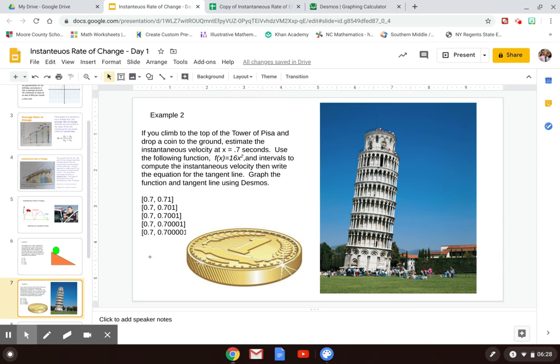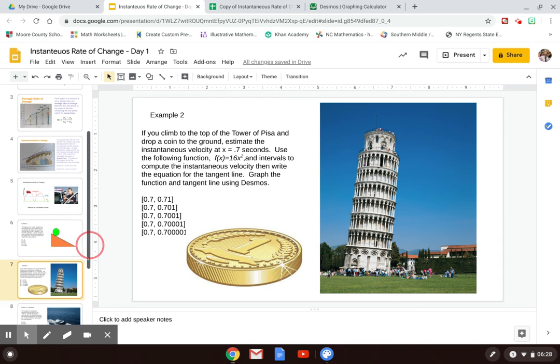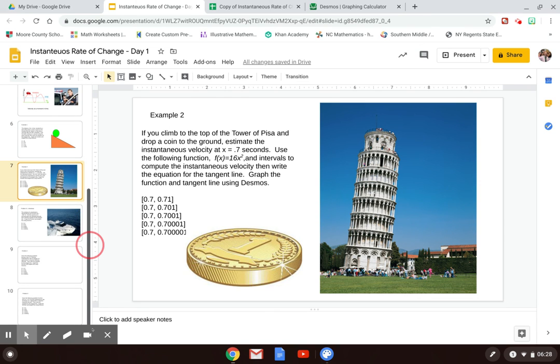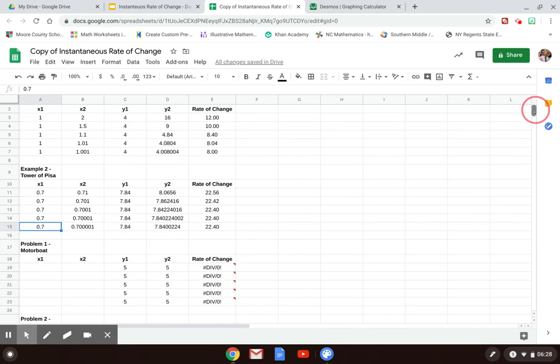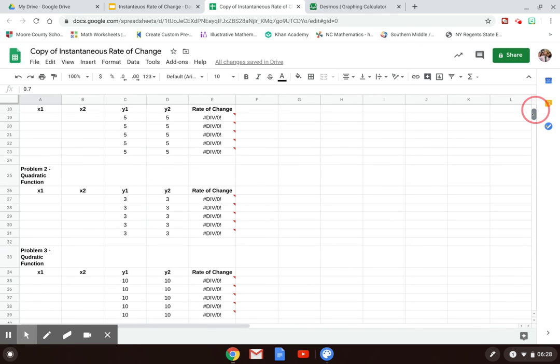All right, so what I've got for you today is just 3 more slides with problems you can do. I want you to use the rest of this calculator over here to do those, okay? And again, focus on what number you finally approach on your last row here.